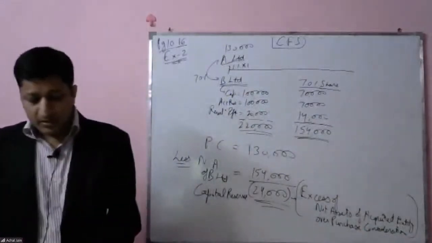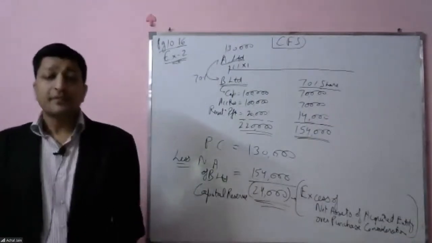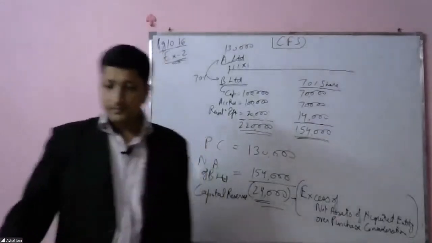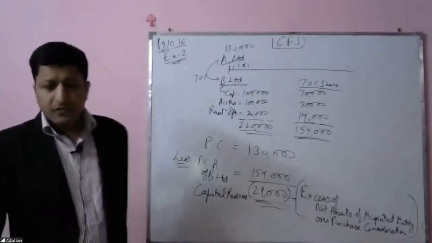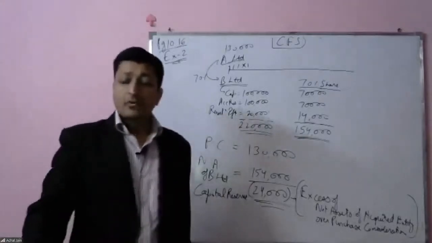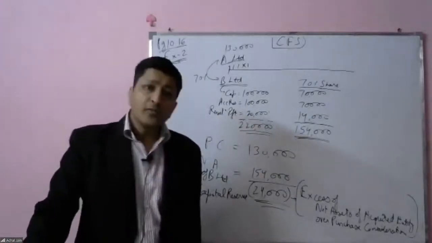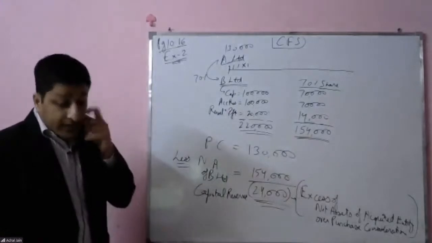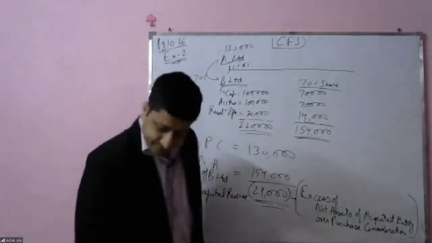Okay, clear on this? Everyone clear on this? Yeah, all right. So this was about the computation of goodwill or capital reserve. Now moving further. Now we will get on to the understanding related to the minority interest.